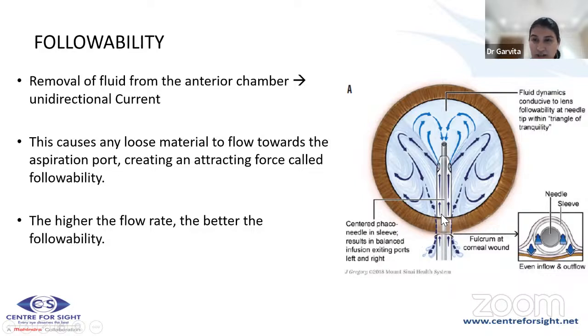Any loose material like small fragments or cortex can flow towards the aspiration port, just shown here, creating an attracting force called followability. The higher the flow rate, the better the followability. As we can see in this picture, the irrigation fluid is coming out from both sides, creating a followability channel at the tip of the aspirating port.